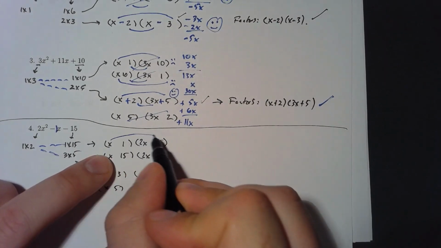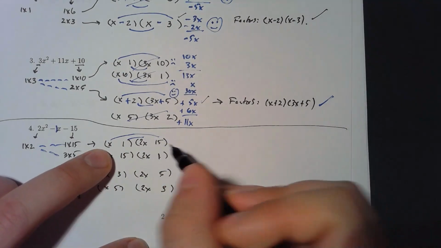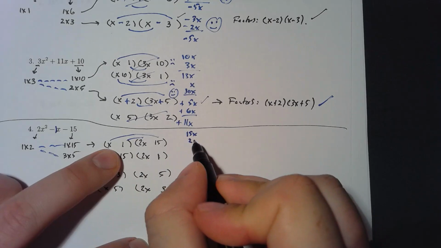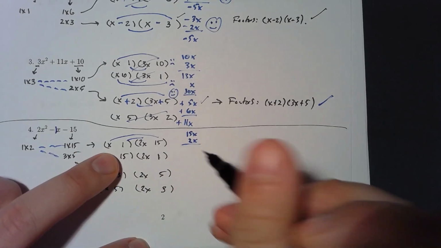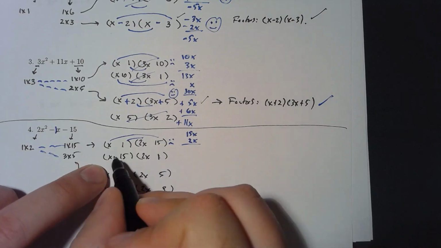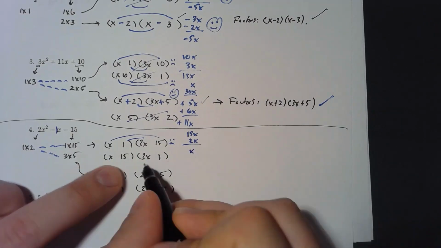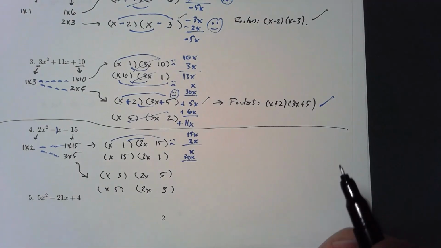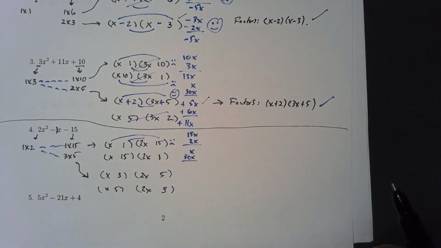So the outside-inside here, that's 15x. That's 2x. Am I going to get 1 from that? Heck no. What about this one? So that's going to be x, and that's going to be 30x. Well, I could get 1 from that. Right?